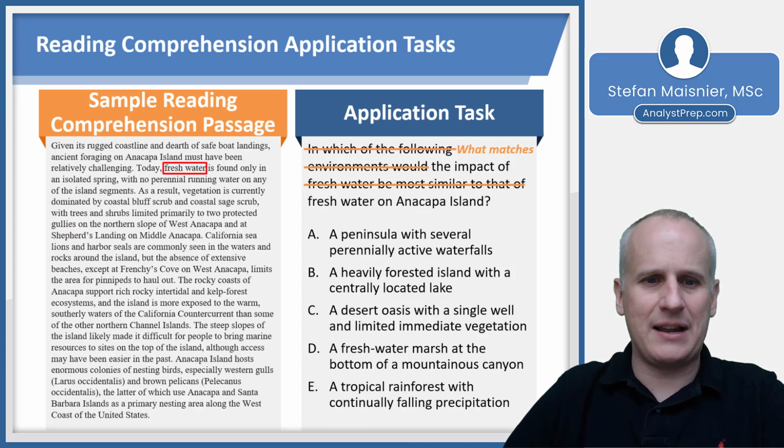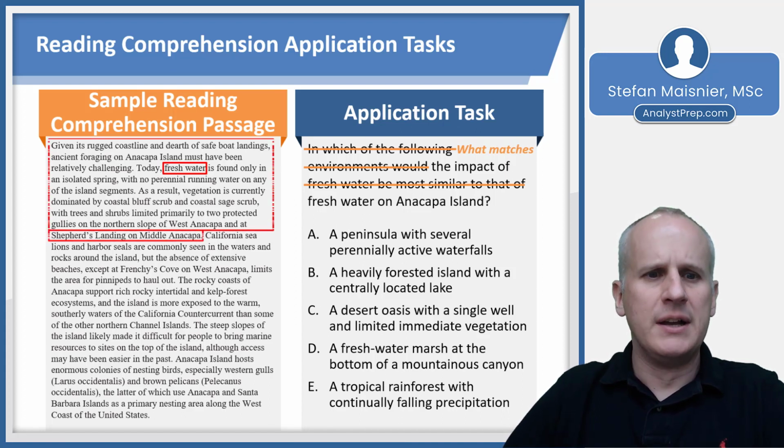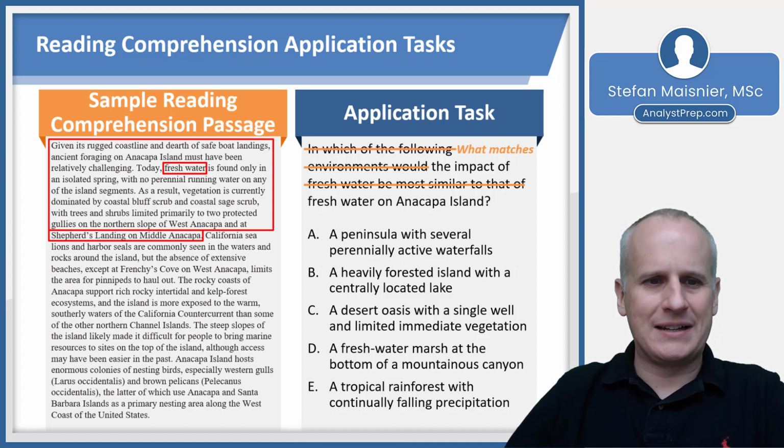So we'd scan and we'd find the first instance of fresh water here on the left-hand side of the screen. And we're going to have to read at least a sentence above and a sentence below to get enough of our surrounding context. So given its rugged coastline and dearth of safe boat landings, ancient foraging on Anacapa Island must have been relatively challenging.